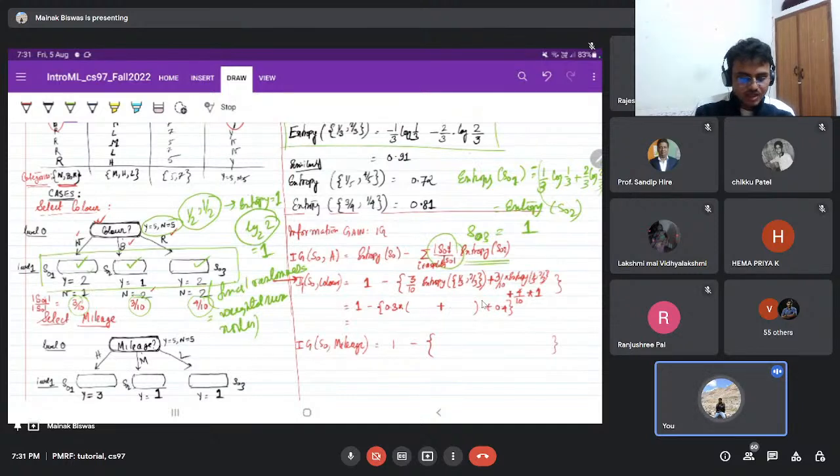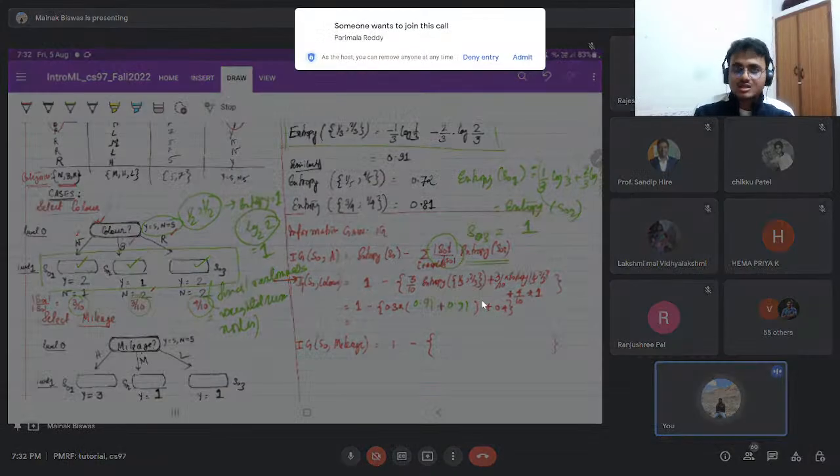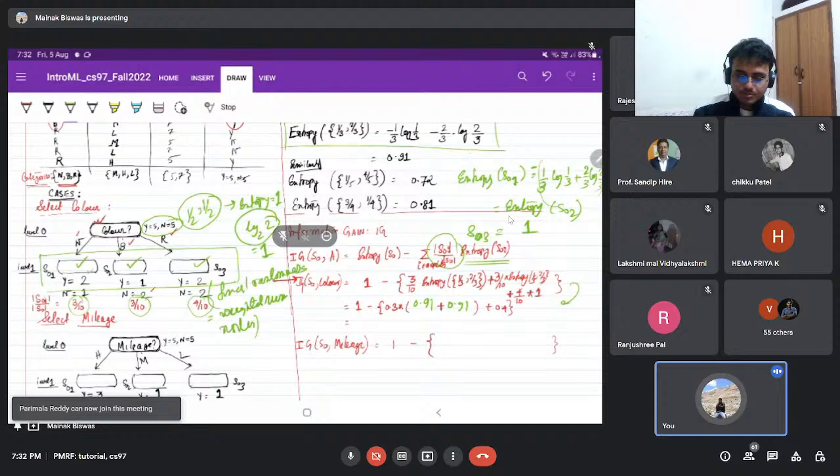So for the first two cases, the entropy of 1 by 3 is equal to 0.91. If you have any doubt, ask me. I'm just skipping a step here, which I have written here. In case you have a doubt, just ask, because this is very important.